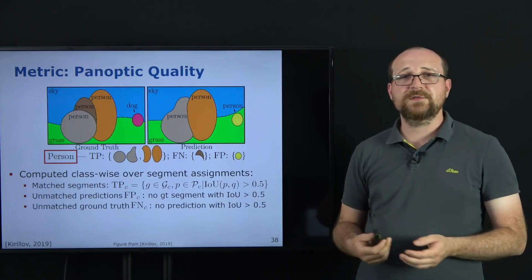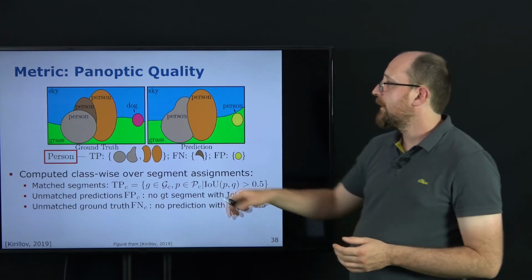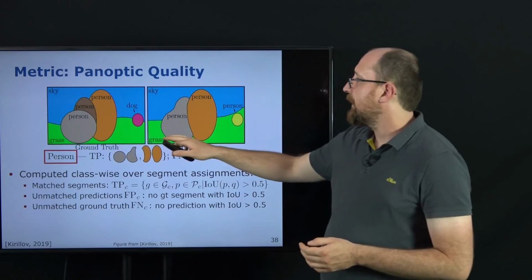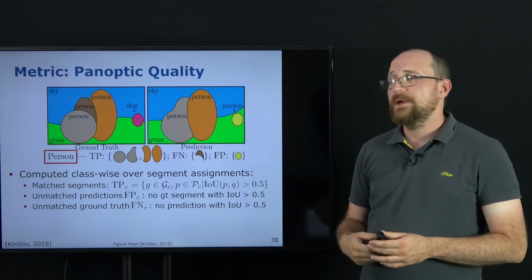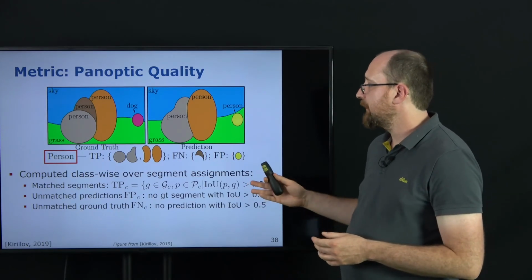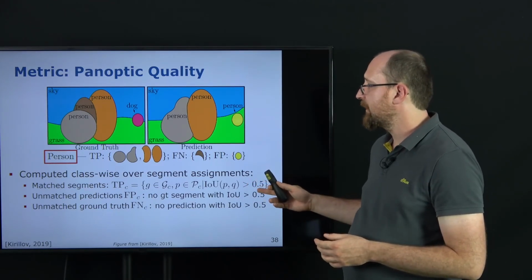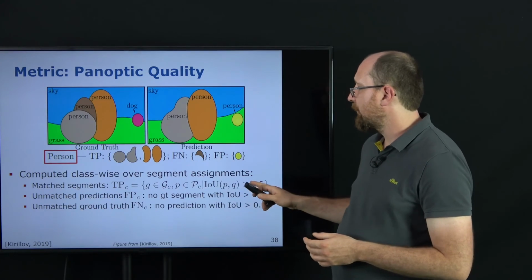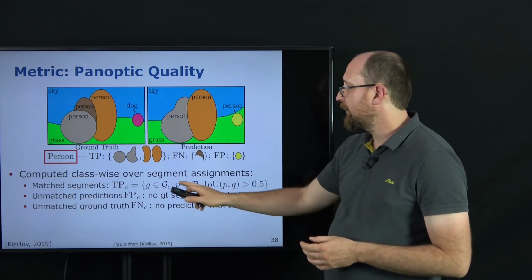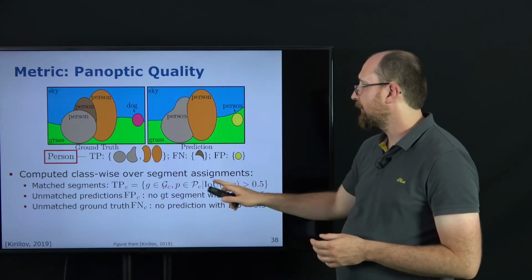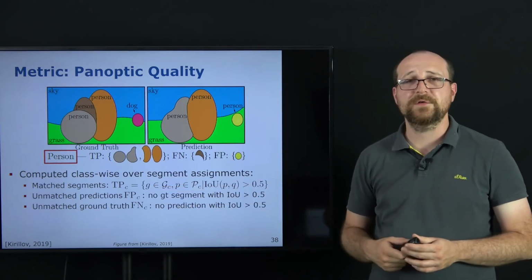And for matching the segments, we are always looking at a ground truth segment, and we are looking at the intersection over union with a predicted segment. For the true positive matches, we basically want to find all segments from the predictions with the ground truths that have an intersection over union larger than 0.5.